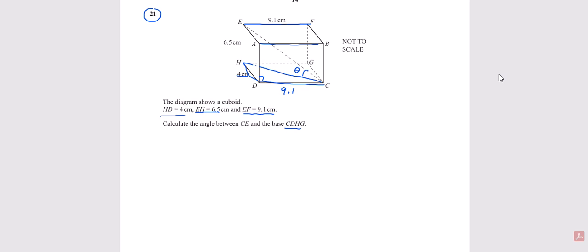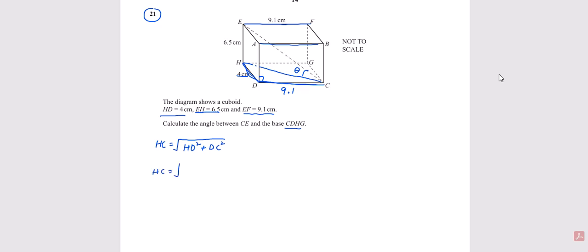We say that HC is equal to the square root of base square plus perpendicular square, like that, HD square plus DC square.